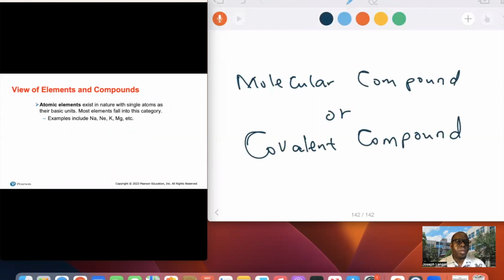I've given you the examples of elements, which at the atomic level include sodium, neon, potassium, magnesium.